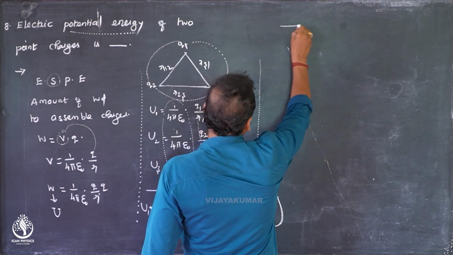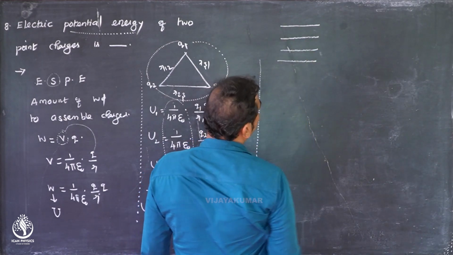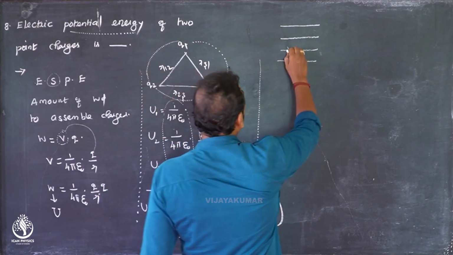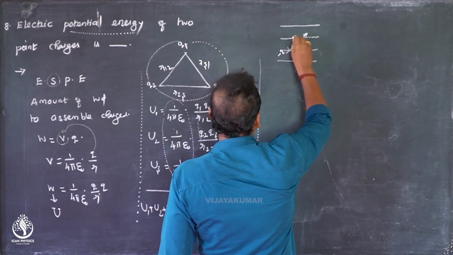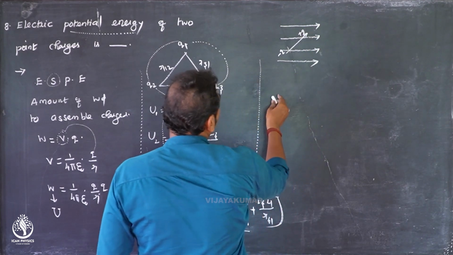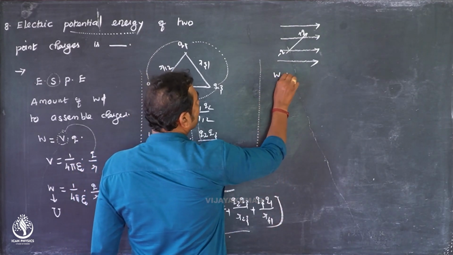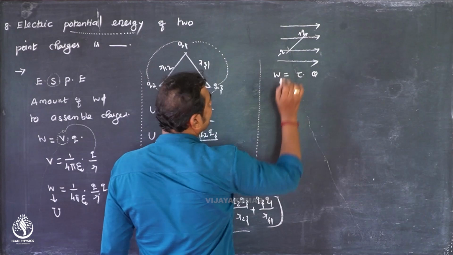In a uniform electric field, when we place an electric dipole with charges minus Q and plus Q, it experiences a rotational effect. Then work done equals tau into theta.